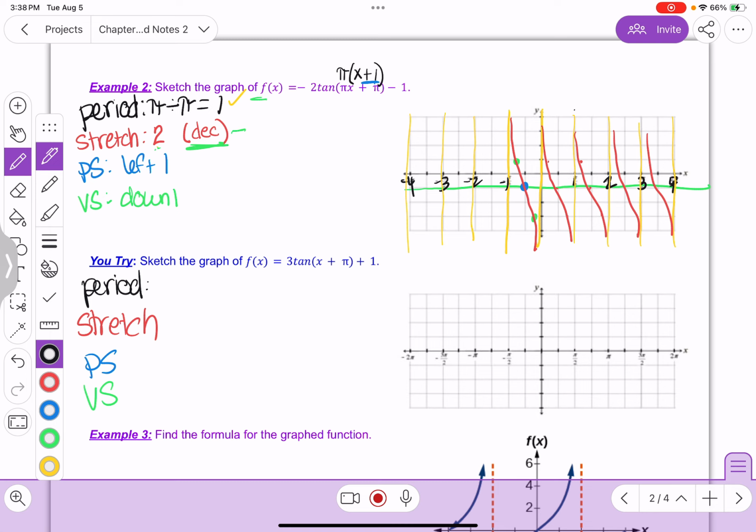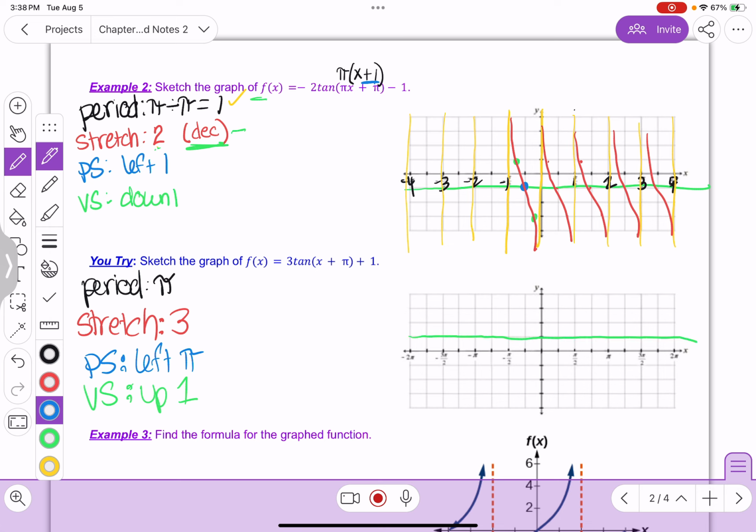Okay, so the period, because there's nothing in front of the x, the period is just pi. So we're actually going to leave these units as they are. Stretch factor is 3. Phase shift is left pi. Vertical shift is up 1. So because we're going up 1, I'm going to draw my midline here.